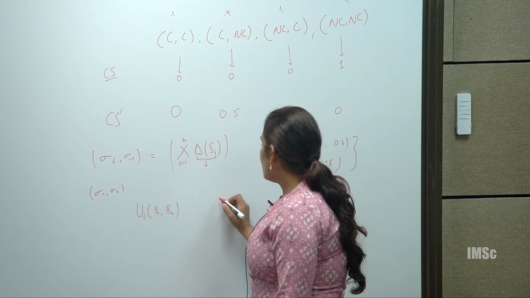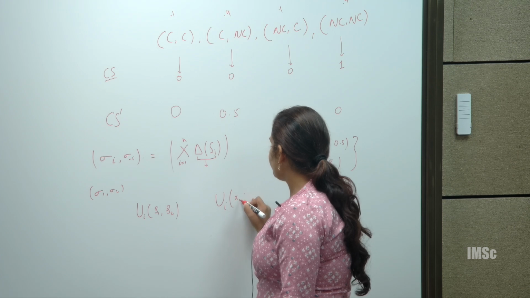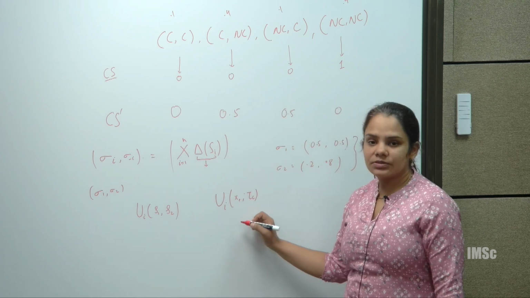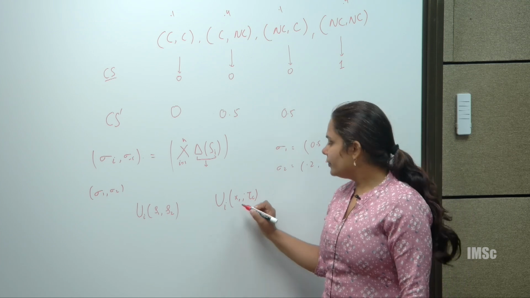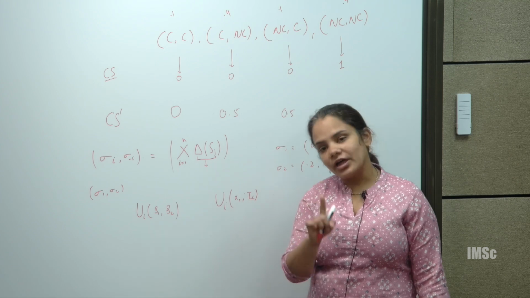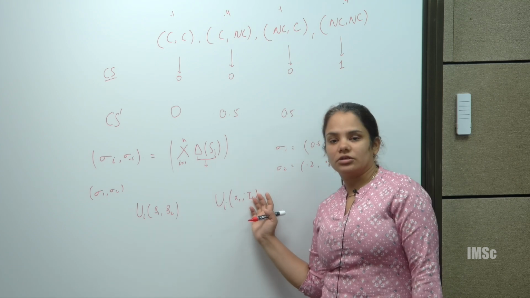Now I am talking about u_i of (x1, tau_C), where C is {2, 3}. So in this case, you are basically saying what is the utility of player i when player 1 is playing x1 and the other players are playing according to tau_C.